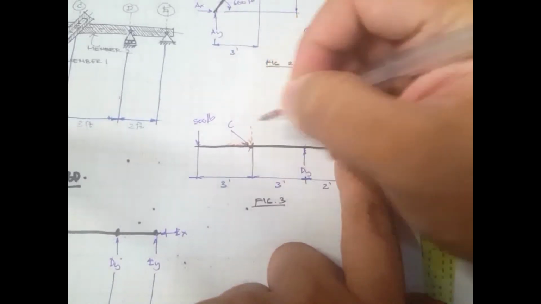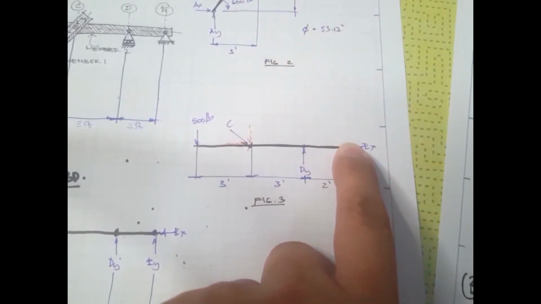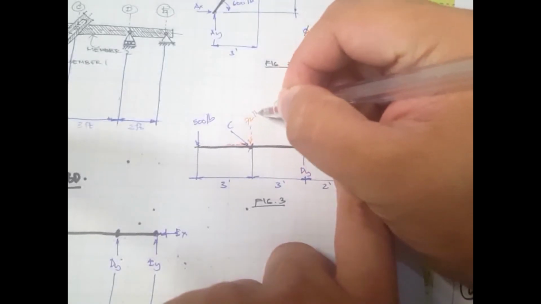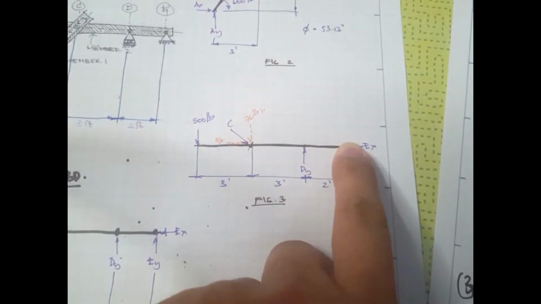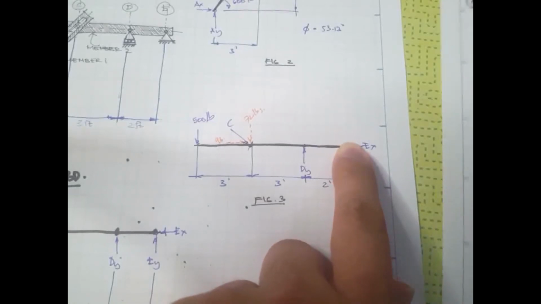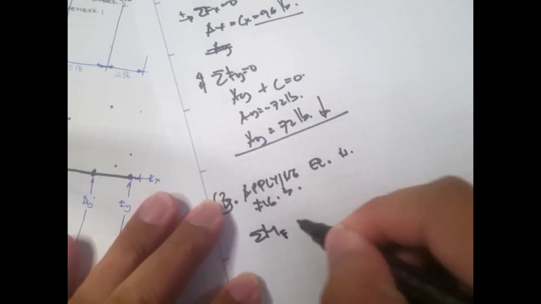So the vertical component is 72 pounds, and the x component is 96. So summation of moment at E is equal to 0.